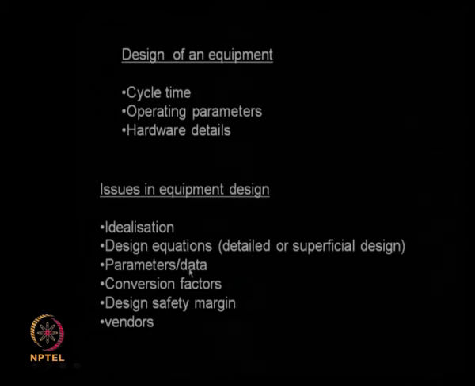The third step is parameters and data. For example, if I am going to do settling, I need to know the density of the liquid, density of the solid, the viscosity of the liquid, the surface tension, so many parameters. Same thing, I need to know all about the solid properties, the size of the solid, size distribution of the solid, and so there are a lot of parameters we have to know when we do this type of downstream calculations.